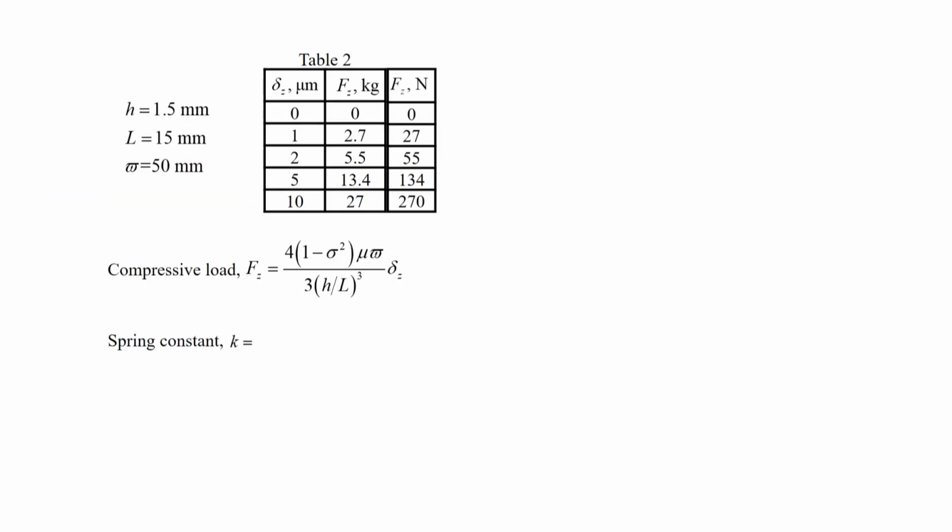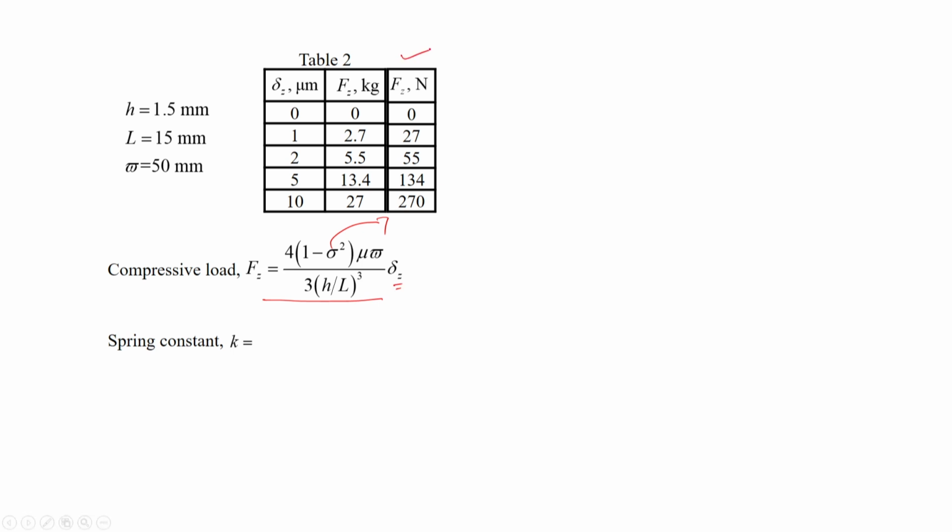Let us say that the compressive load is related to delta z by this particular expression. Here you see we know all the terms except the Poisson ratio. So, let us first plot F_z as a function of delta z from this data.